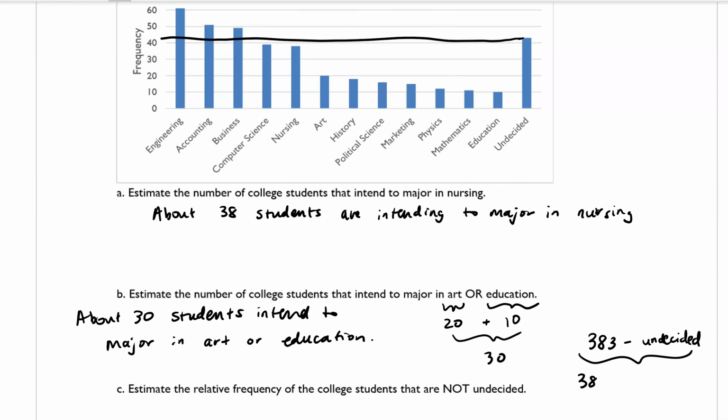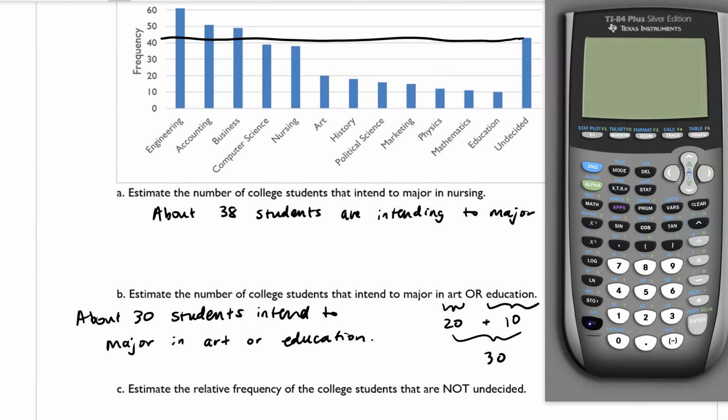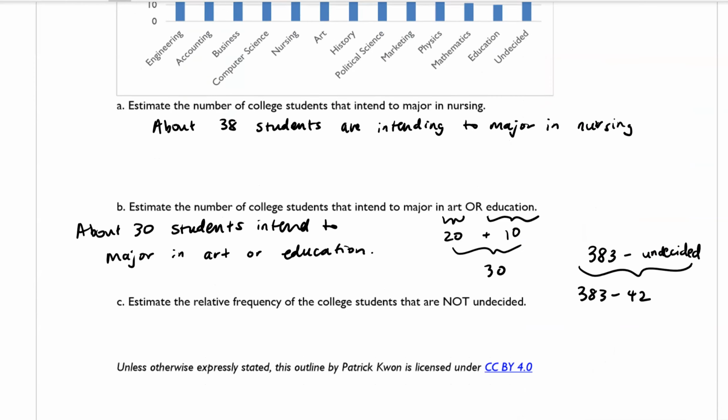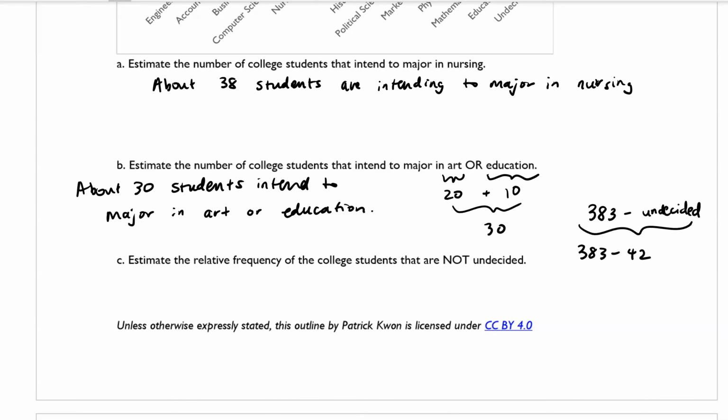So we have 383 minus the 42 undecided students. So 383 minus 42 gives us 341. So 341 students are not undecided.